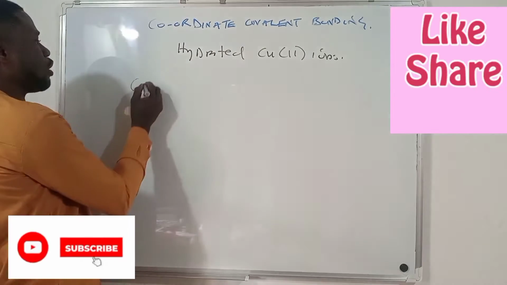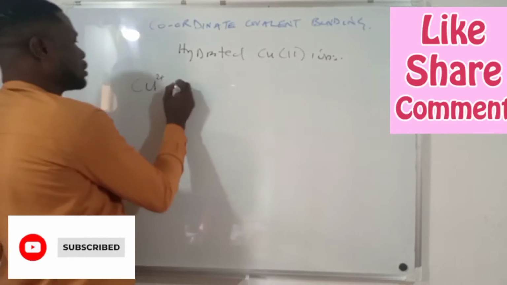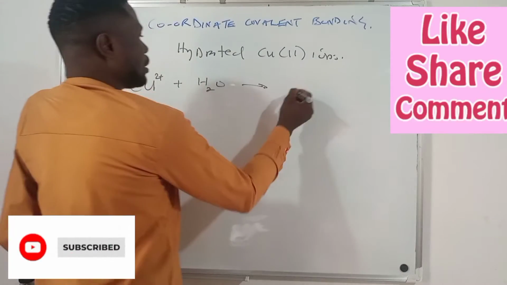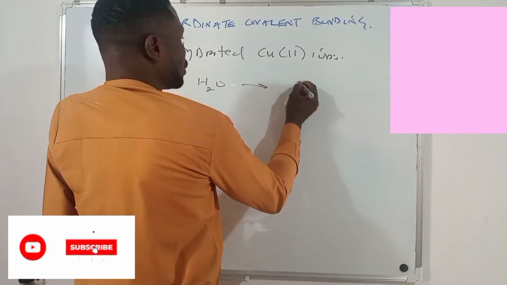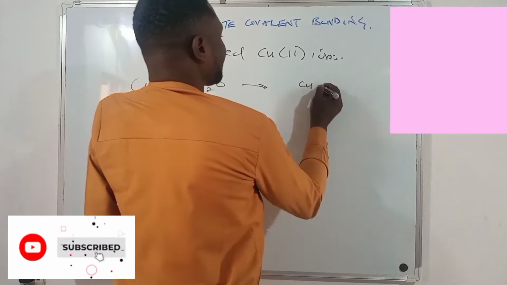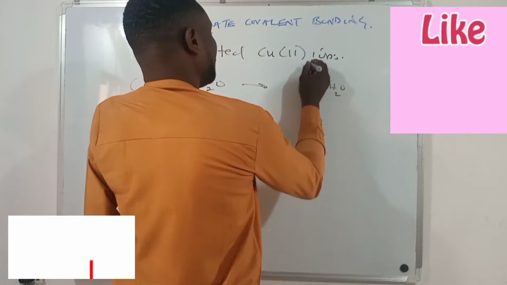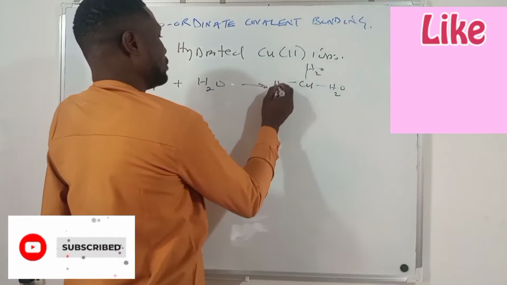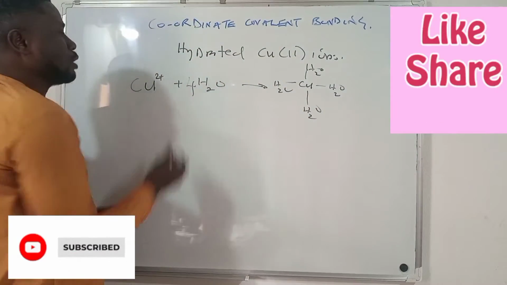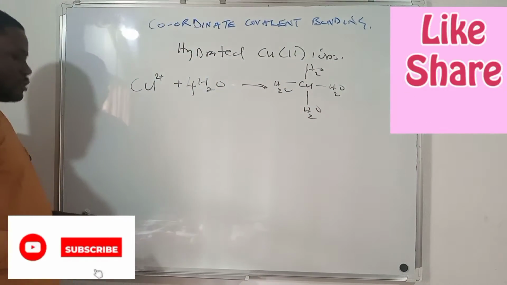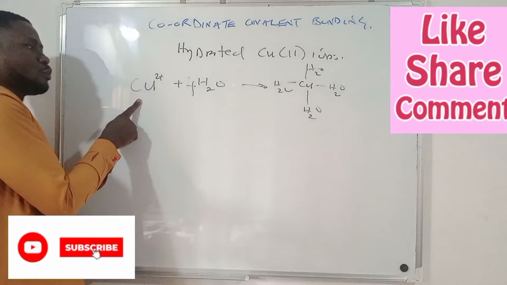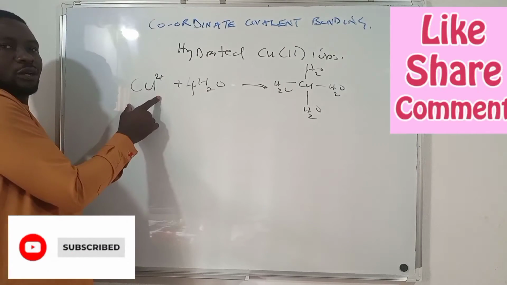So we're having a case of copper 2 ions plus water, and that will give us this one you have. That means we have 4 molecules of water combining with copper 2 ions.